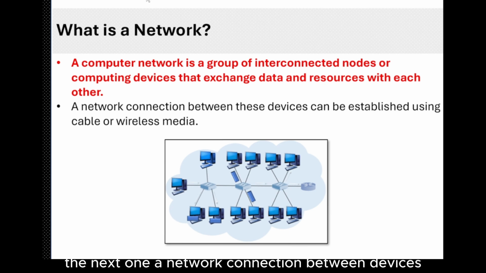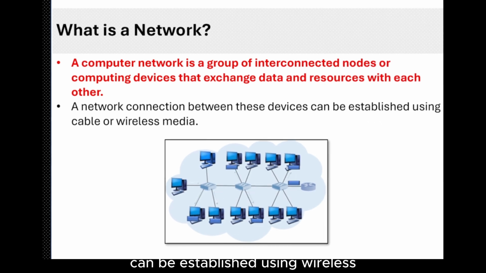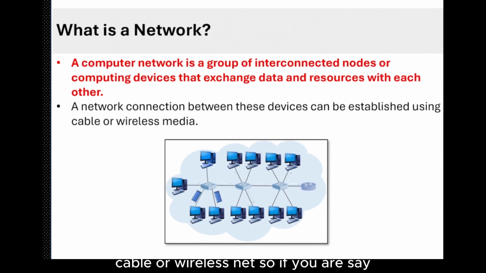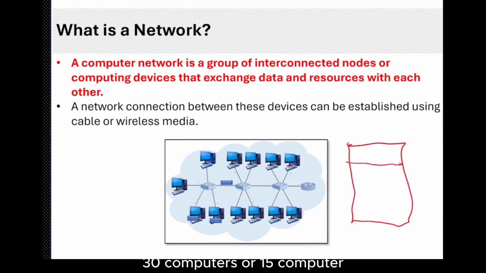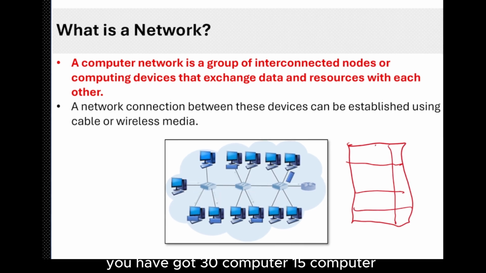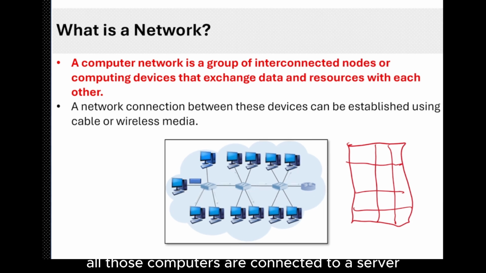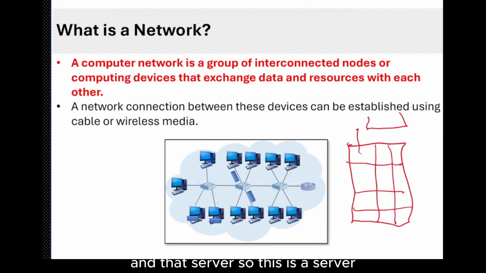Now, what do I mean by this? A network connection between devices can be established using a cable or a wireless network. Say, for example, you are in a room where you have 30 computers, or 15 computers. All those computers are connected to a server.